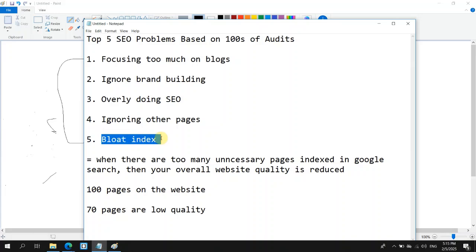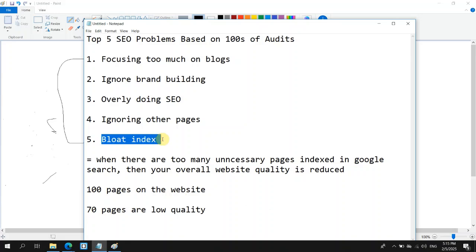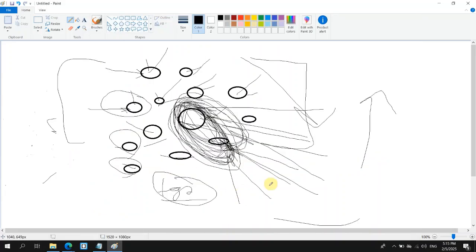So this problem doesn't just come from intention. A lot of times it also comes from technical issues. Let's say the web platform they use, for example WordPress. Some clients like to use tag pages. Tag pages end up creating an index bloat problem as well, because tags are like categories, but the problem is they get duplicated too many times, and each tag page is usually empty.